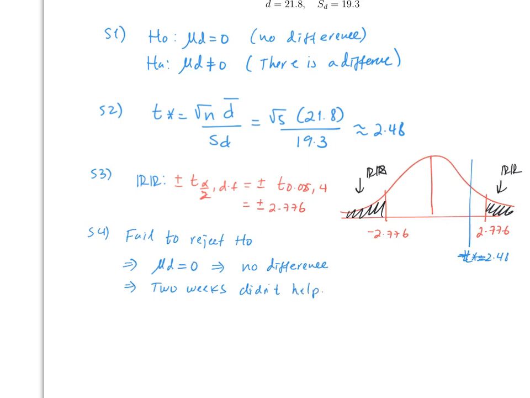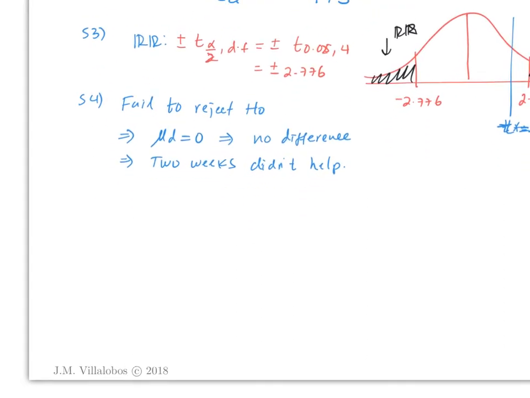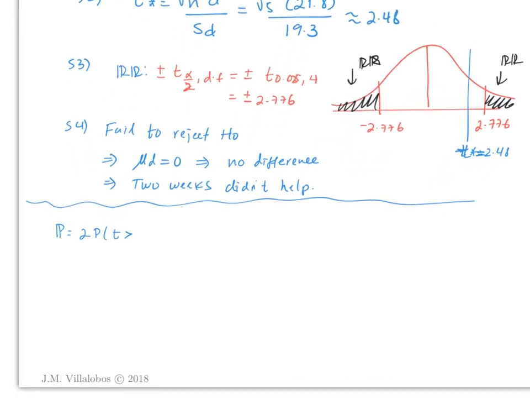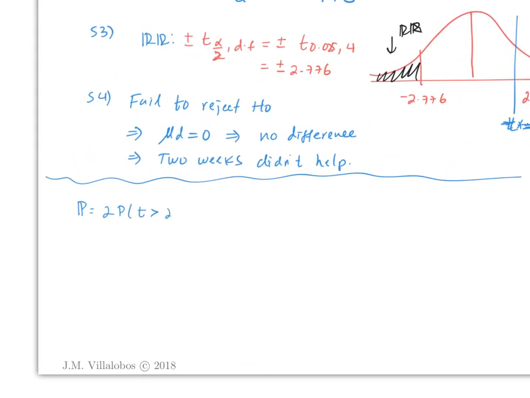We also have the p-value, and just like all the other times, the p-value is going to be twice the probability that T is greater than T star. T star is 2.48.